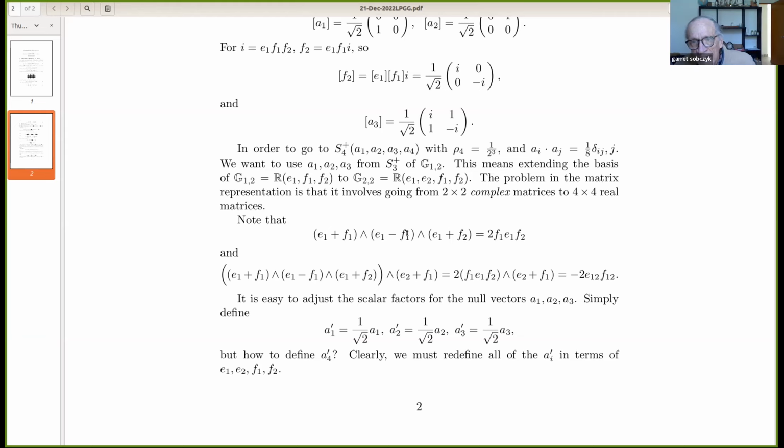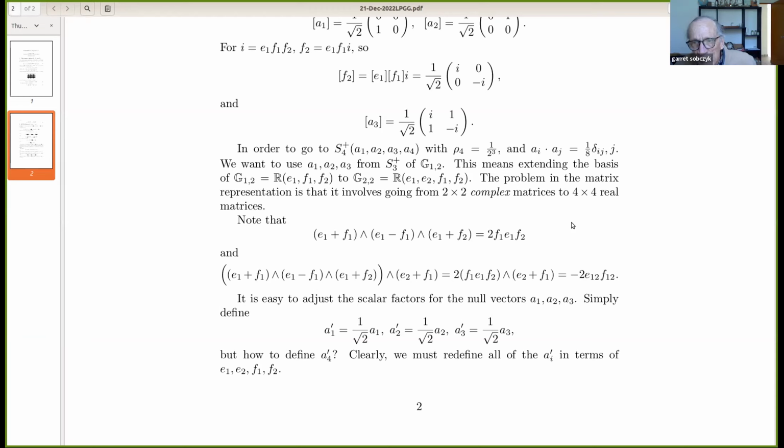Of course, that's what we need in order to keep these inner products equal to 1/8. In the three-dimensional case, A1, A2, and A3, we want 1/8 times delta ij here. And that works fine.